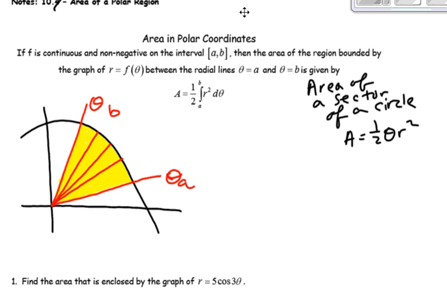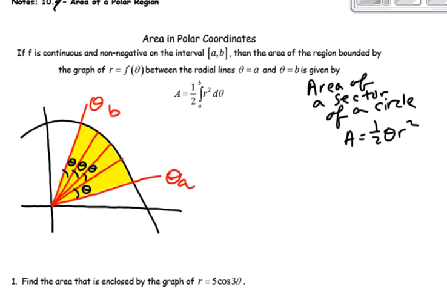Now, if I were to chunk this up and find each of these little sectors, I've split this up into 4 different sectors. Pretend that I did this perfectly, and each of these thetas have uniform width, and I add up each of those sectors, then you would get that area.